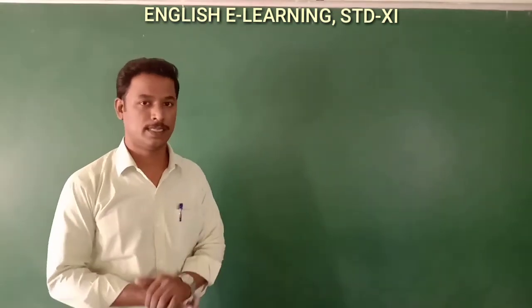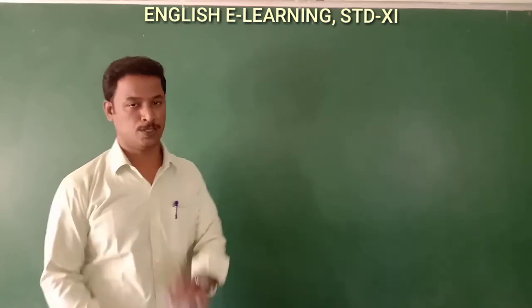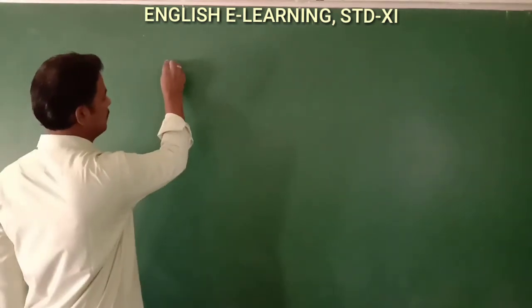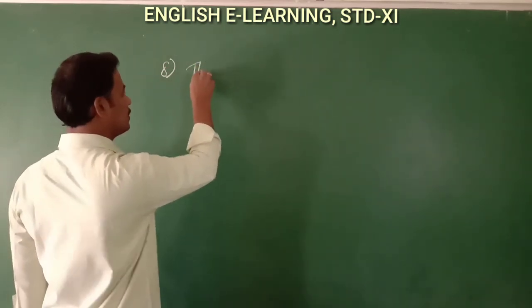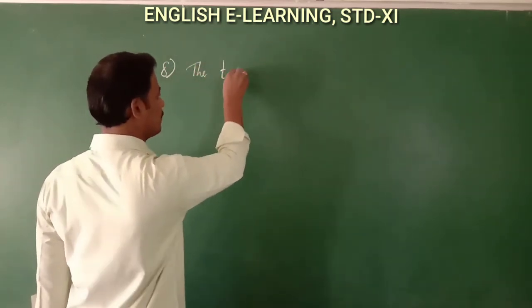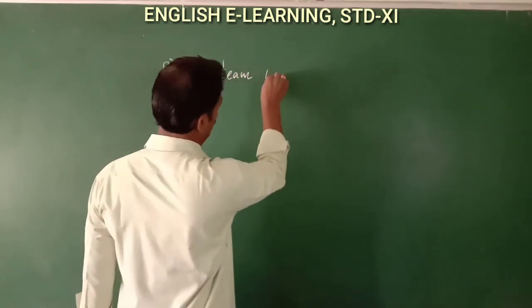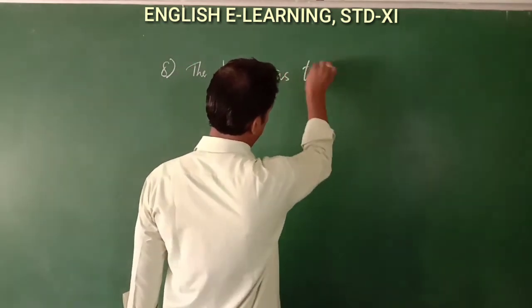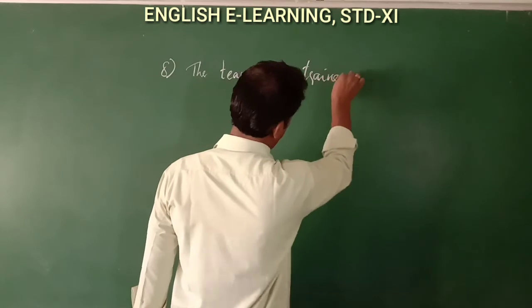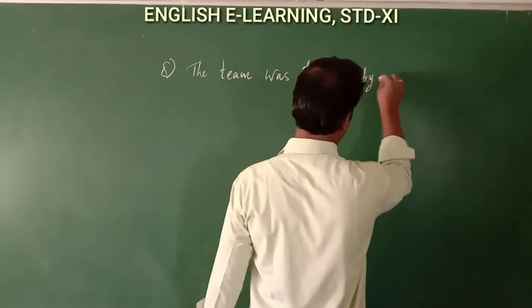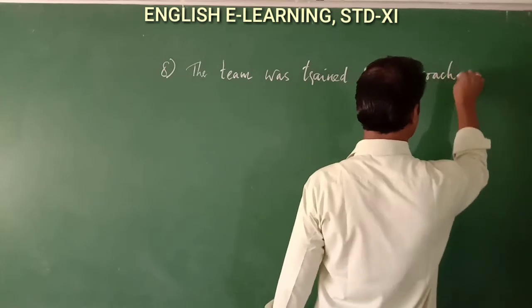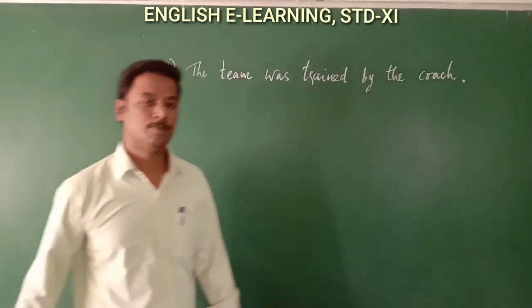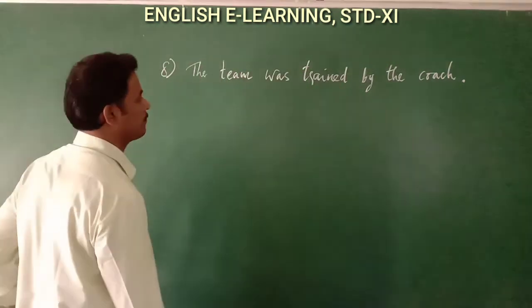The last example is the easiest one. Let us do this. The team was trained by the coach. The team was trained by the coach.